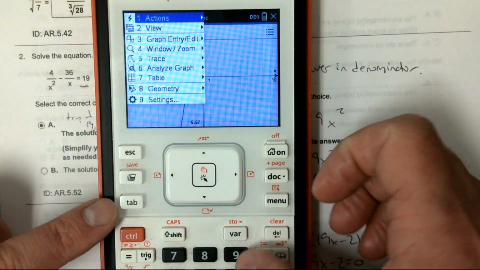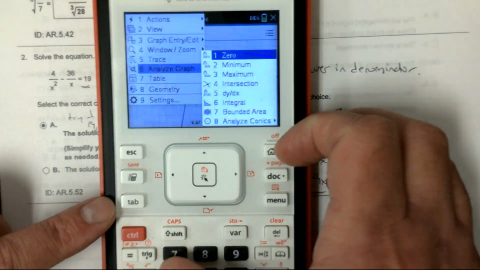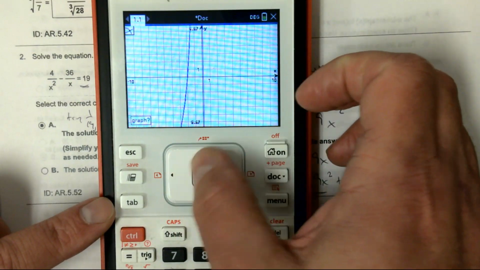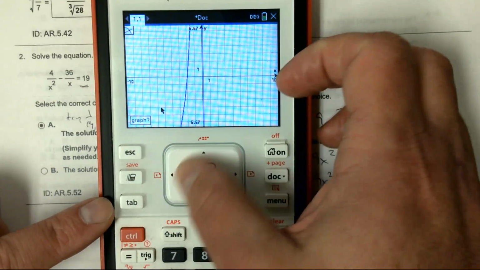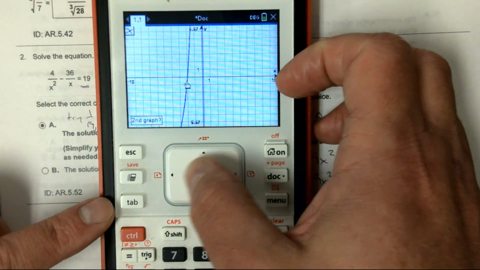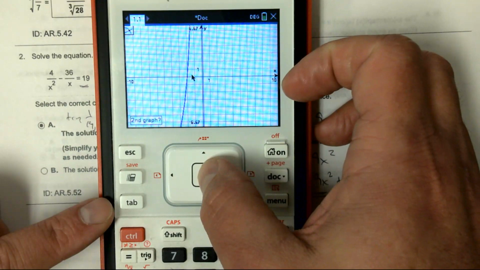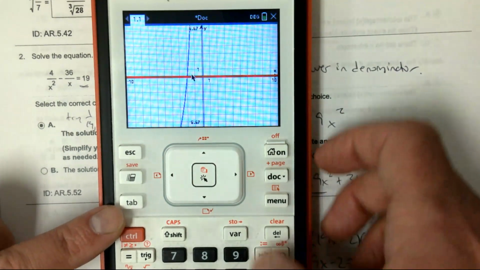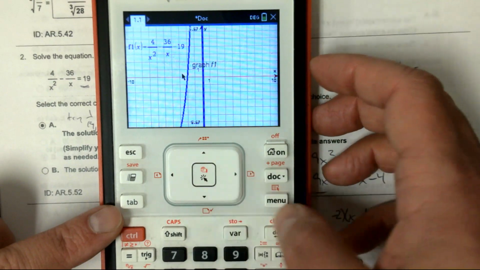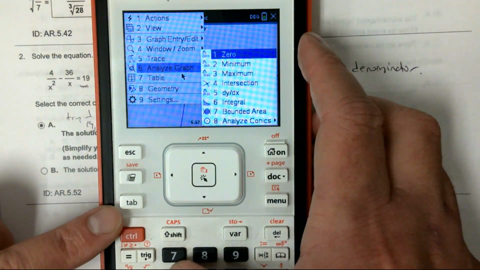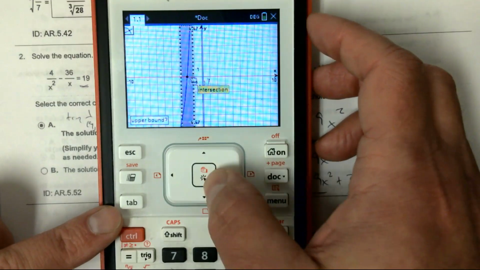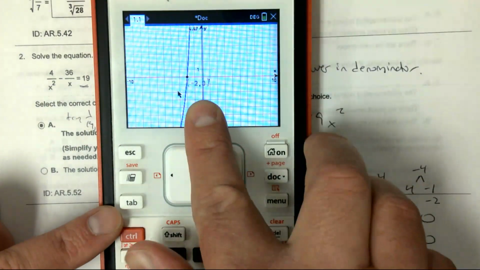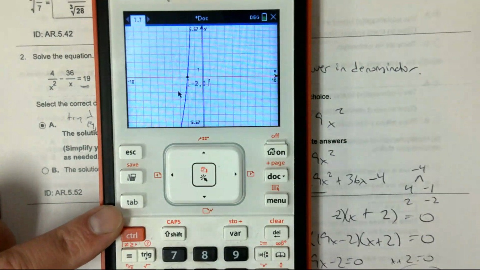So you want to analyze graph, intersect. Oh, I forgot to put 0 there. Menu, analyze, intersect. From there to there. That gives you -2, 0, which is what that answer is.